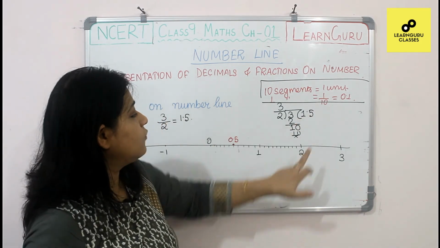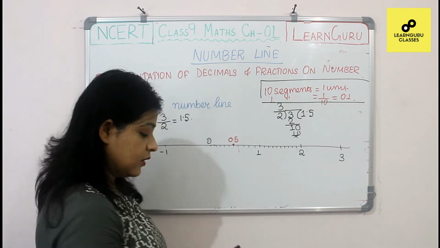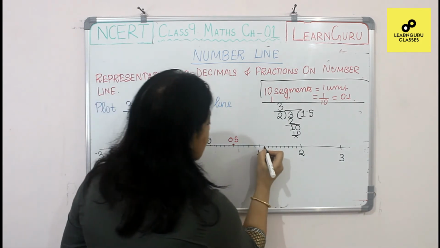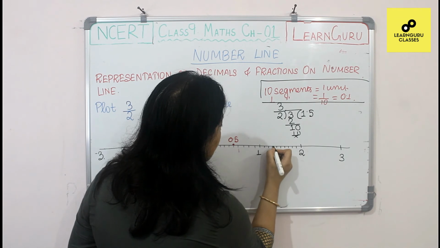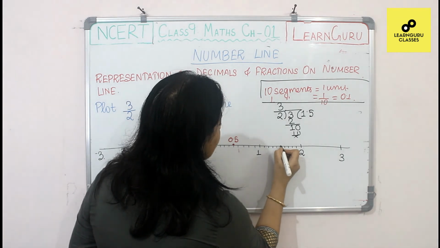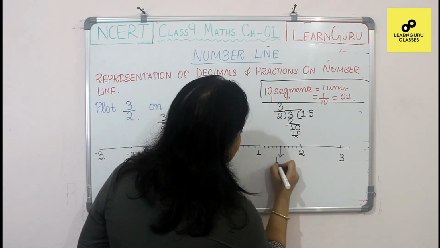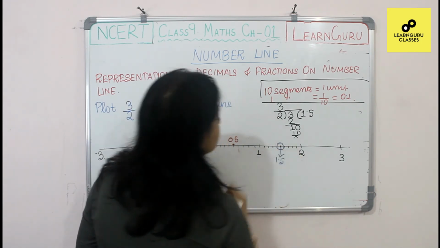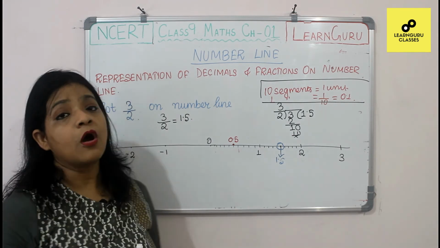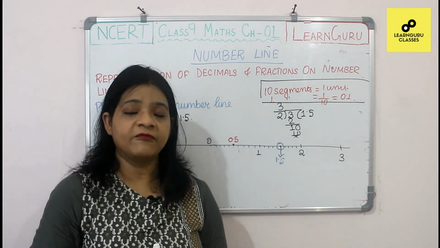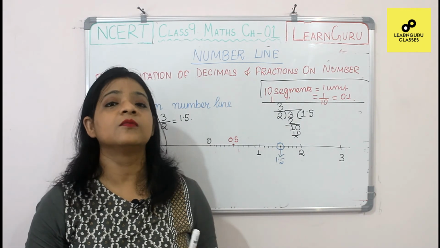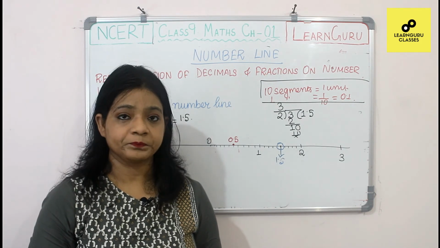One segment will measure 0.1 unit. So 1.1, 1.2, 1.3, 1.4, 1.5. Your 1.5 will be somewhere here. This is how we plot decimals or fractions on the number line.